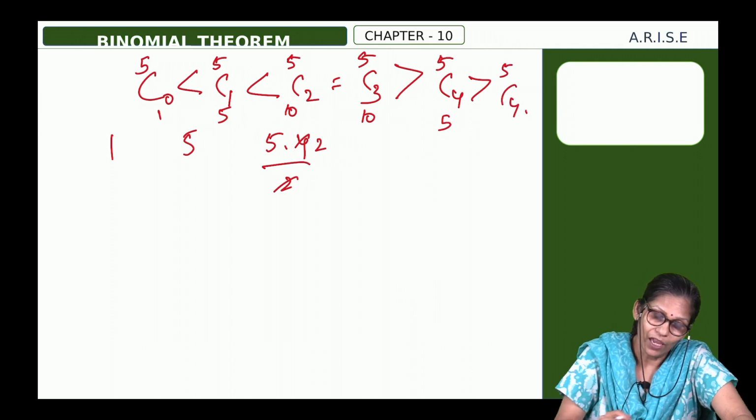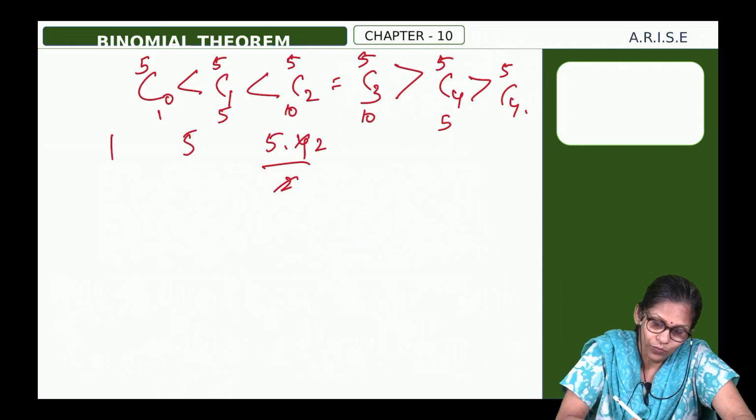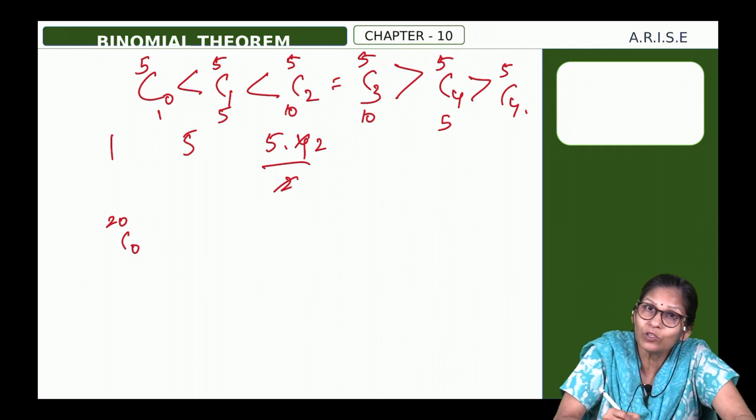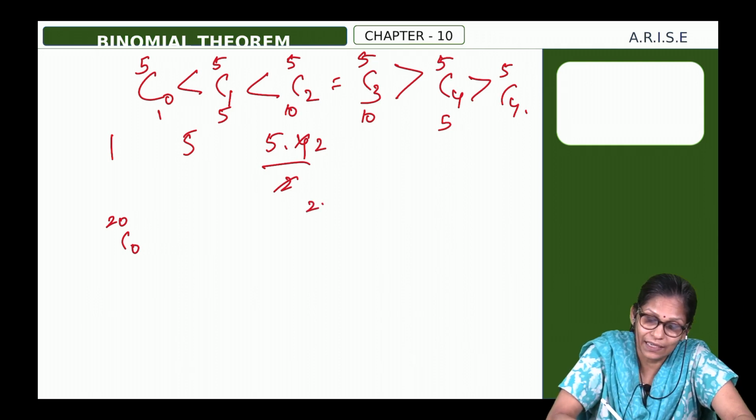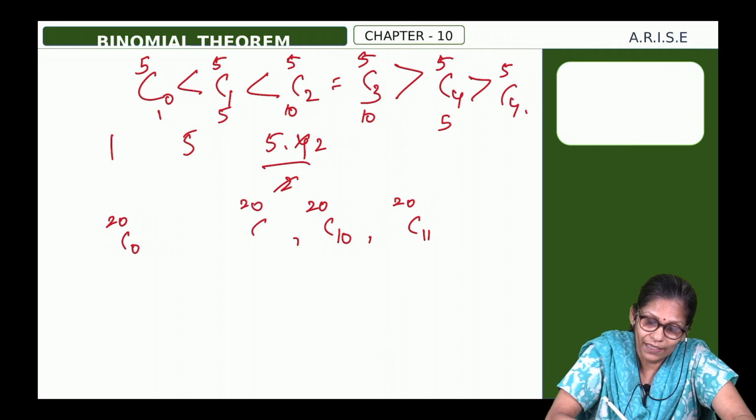The same way, what are the values which would be greater than 20C13? So, 20C0, see the middlemost value, that is 20C10, that is where it assumes the maximum, 20C10, 20C11, 20C9, then 20C12.